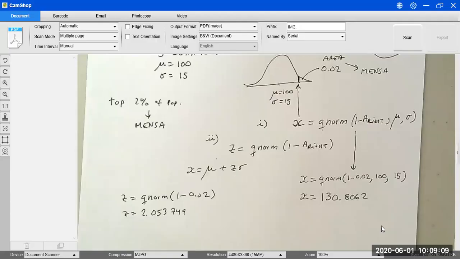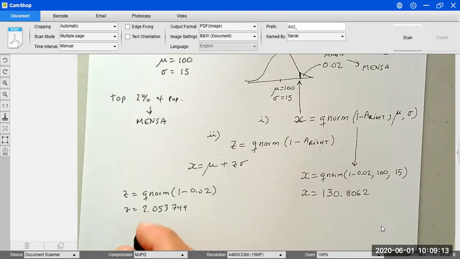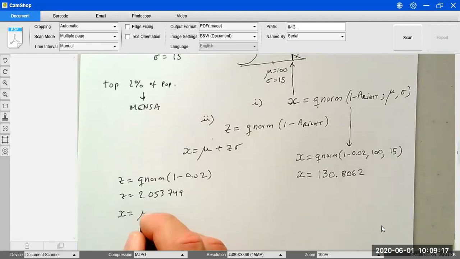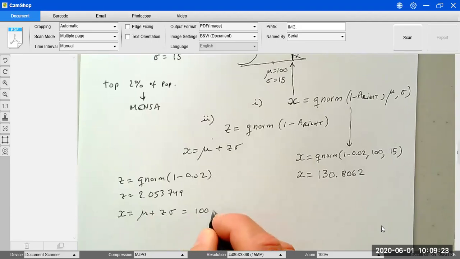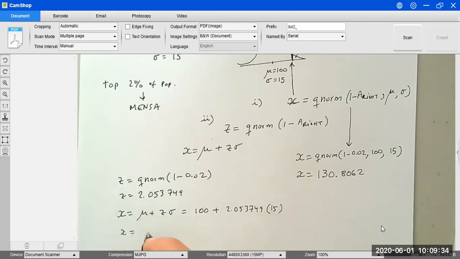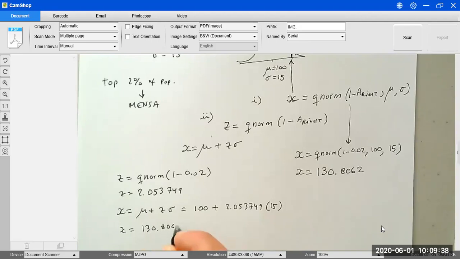So now we get x equals mu plus z times sigma, which is just 100 plus 2.053749 times 15. So we get x equals 130.8062.